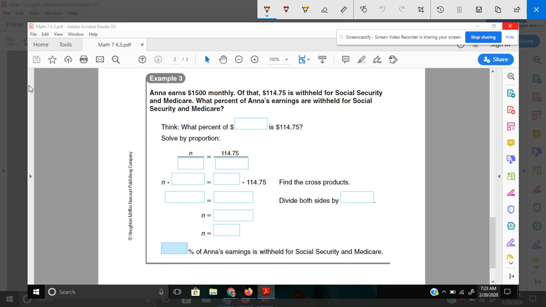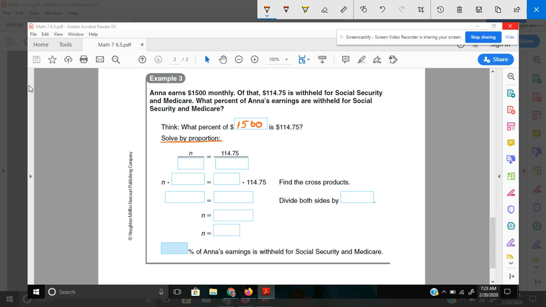And so we're thinking, what percent of $1,500 is $114.75? We're trying to find the percent. So we'll use what's called the percent proportion.